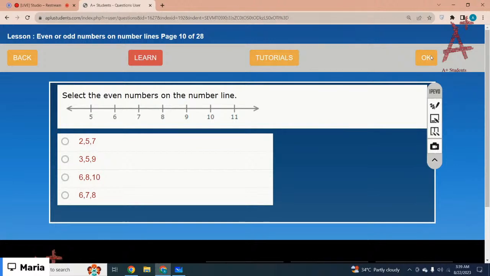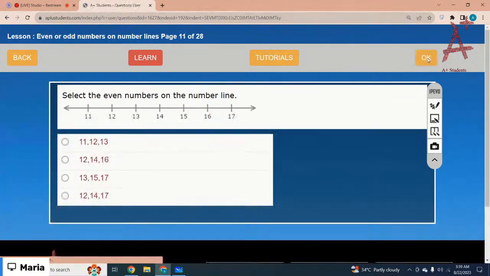The correct option is, even numbers you have to look for, right? They are 6, 8, and 10. Select the even numbers on the number line. So, which is the correct option?